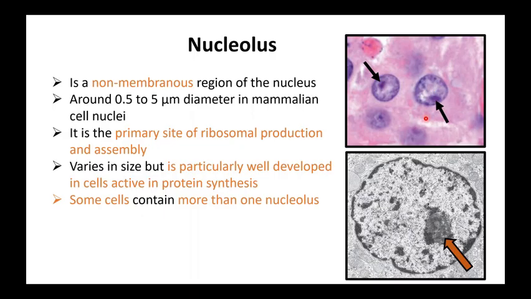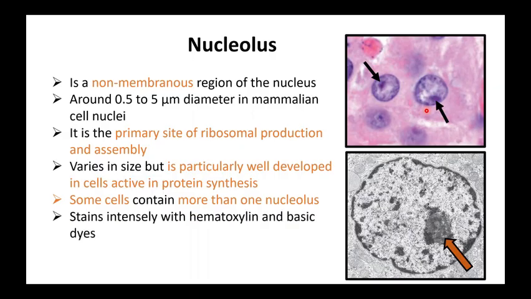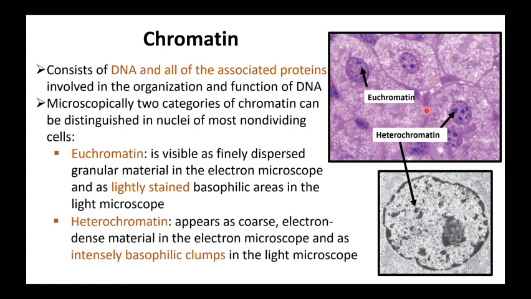Both have DNA material, but one is more densely and one is more faintly stained. That lightly stained area is the area where the euchromatin is. Okay.